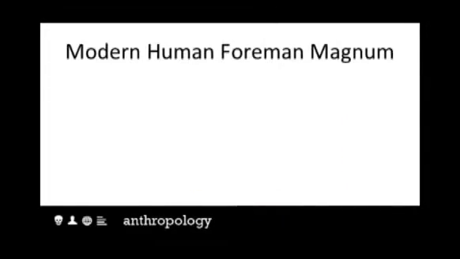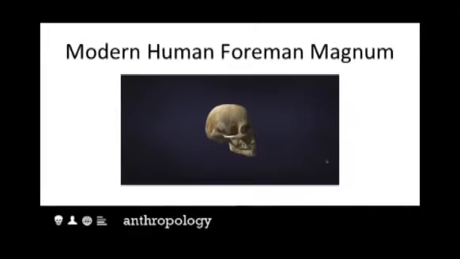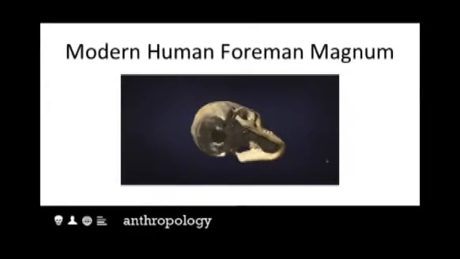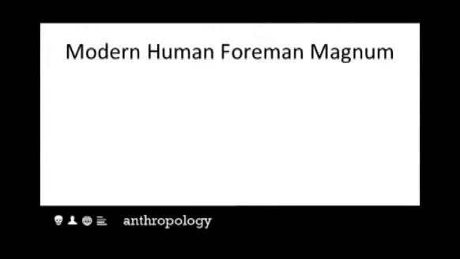Now, the modern human foramen magnum, again, is located fairly centrally. And our neck doesn't play the same role in holding up our head as it does for knuckle walking apes.